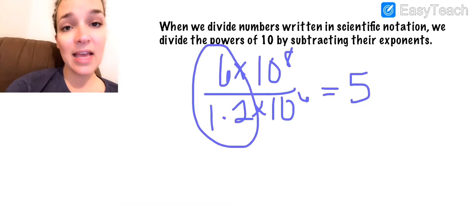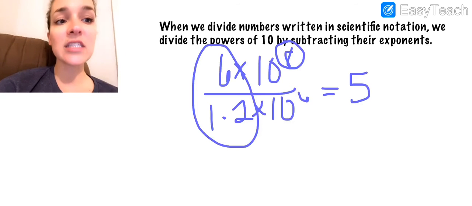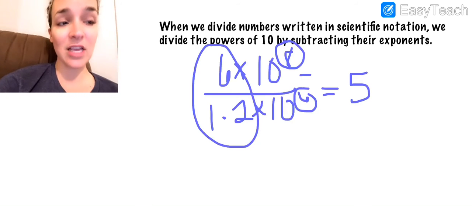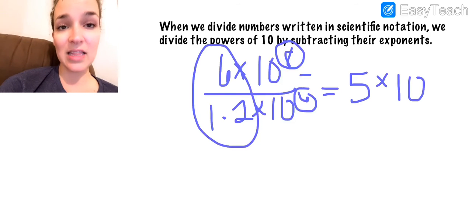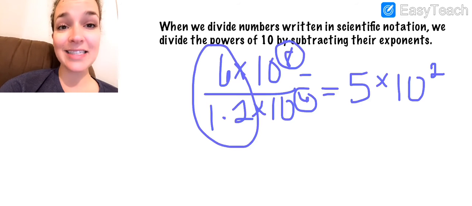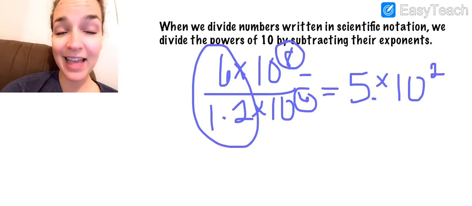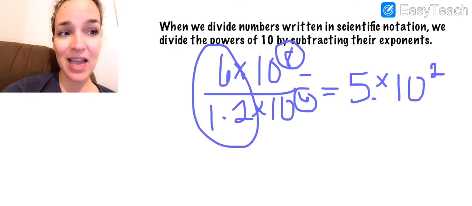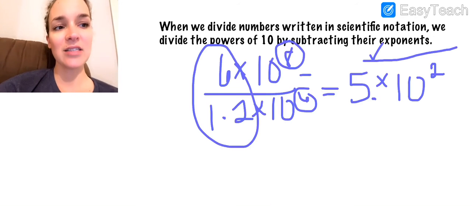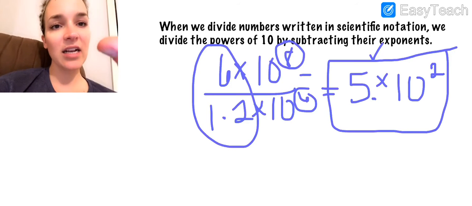Then when we divide the 10 to the 8th by the 10 to the 6th, we are subtracting those exponents. That results in the base of 10 still, but with an exponent of 8 minus 6, which is 2. We double check this number again. The decimal always goes at the end if it's not there, so there's only one digit to the left of the decimal, and we are good. It's in scientific notation, so we can write that as our answer. Let's look at another one.